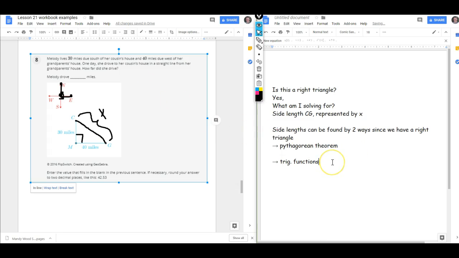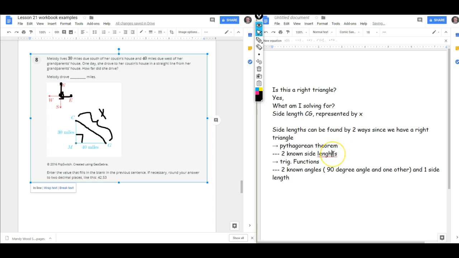For the trig functions, in order to use them, we have to have 2 known angles, so a 90-degree angle and 1 other, and 1 side length. For the Pythagorean theorem, we have to know 2 side lengths.